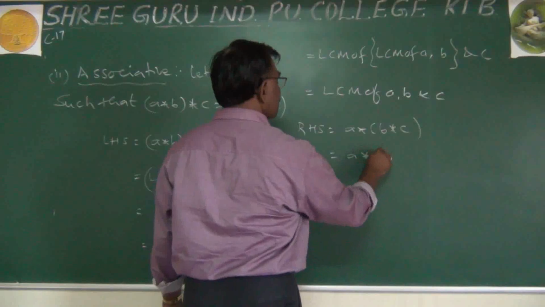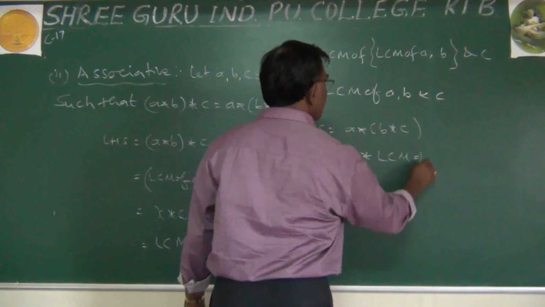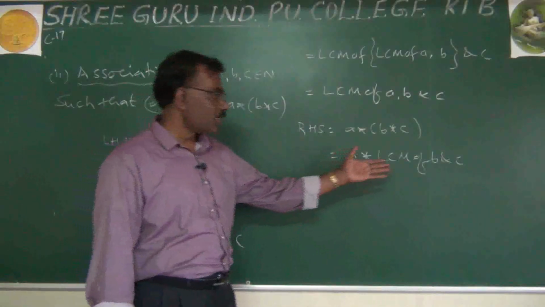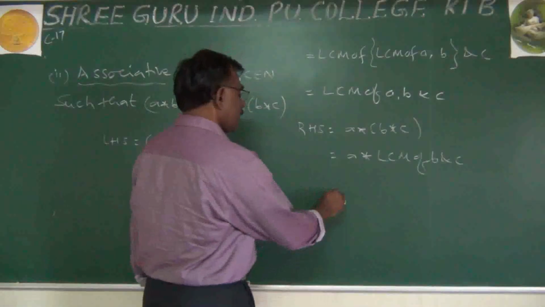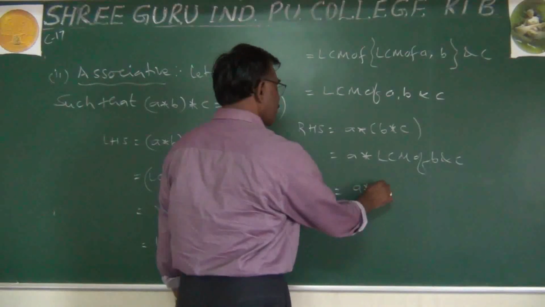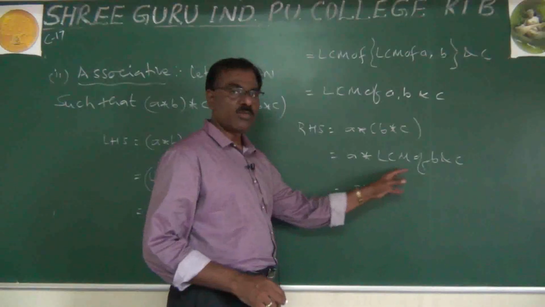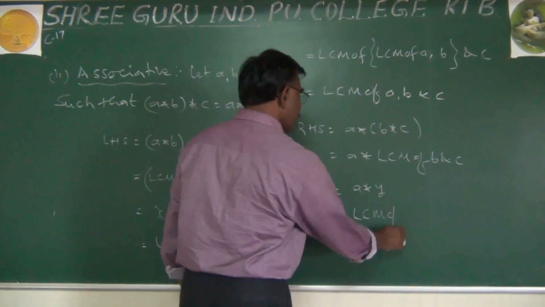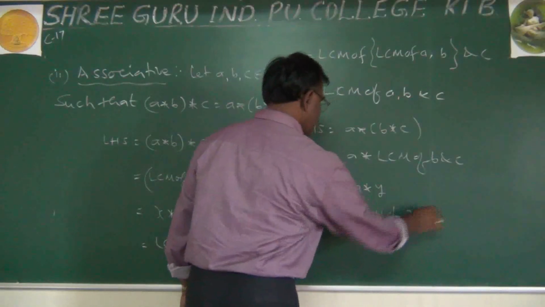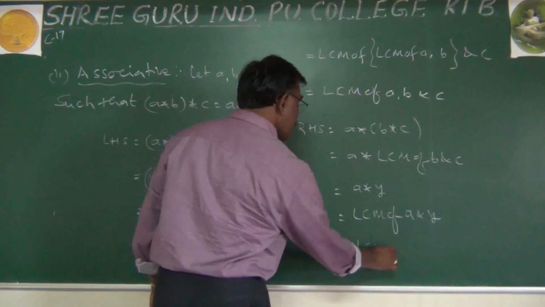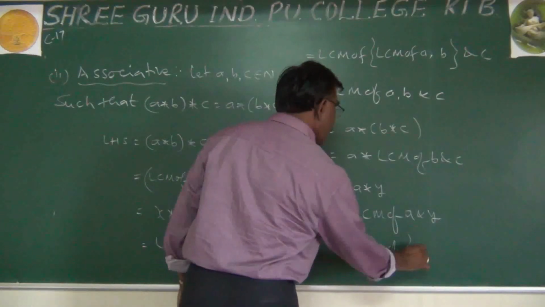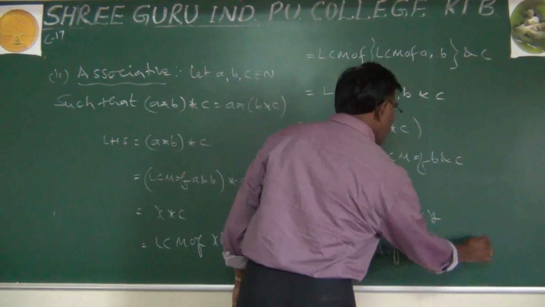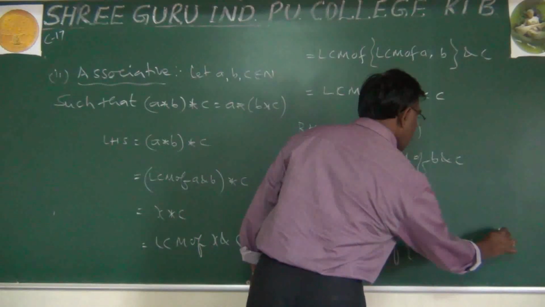A star LCM of B and C. What is B star C? LCM of B and C, so A star Y. I am taking Y as LCM of B and C. A star Y is LCM of A and Y. So finally LCM of A and LCM of B, C.